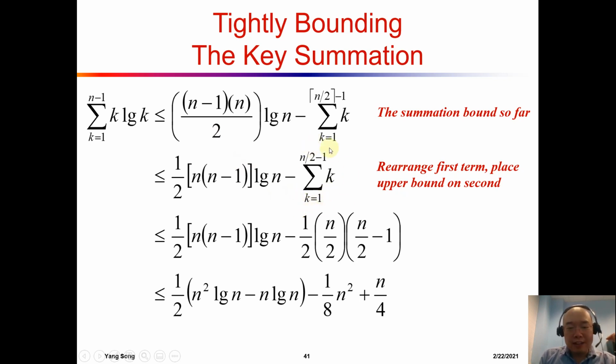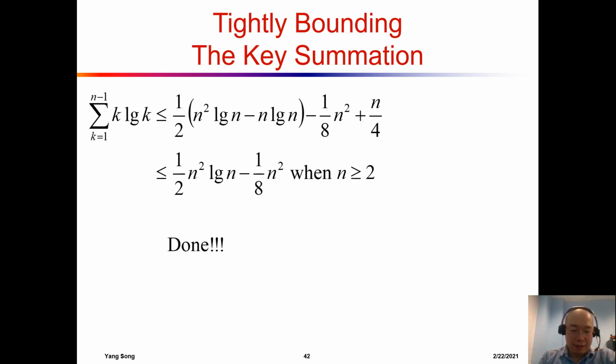For the second summation, you can see this is another Gaussian series, from 1 to n divided by 2 minus 1. But anyhow, we can apply the Gaussian series again, and after we touch this equation a little bit more, we got this.